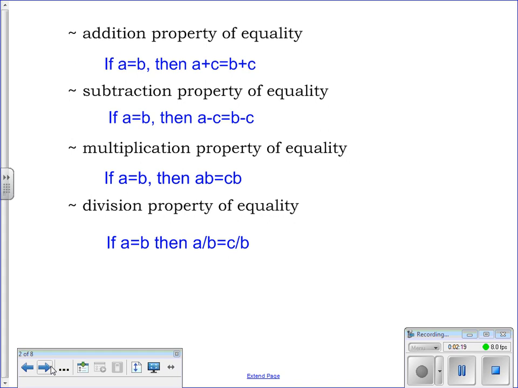And if two things are equal, you can divide both sides by the same thing, and this needs to be fixed. This is A divided by C equals B divided by C, as long as C is not equal to 0. You cannot divide by 0.